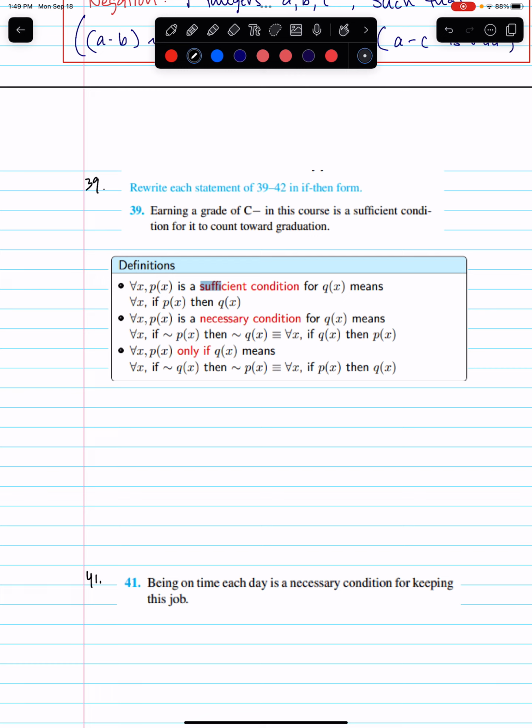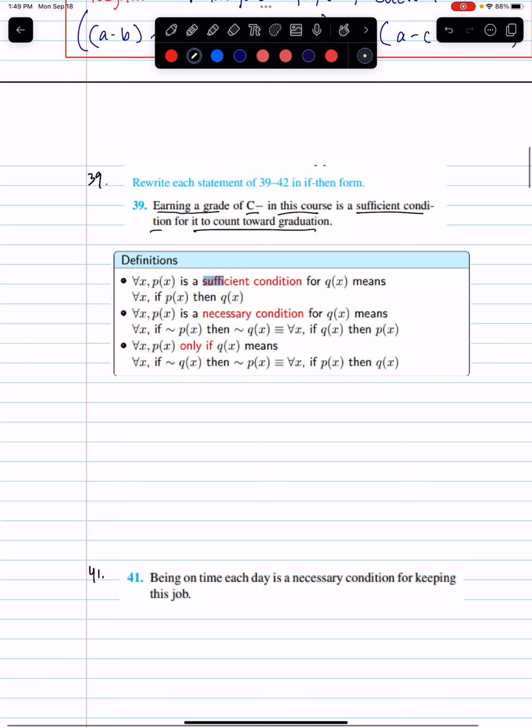This says, earning a grade C minus in this course is a sufficient condition for it to count towards graduation. As you can see here, for every x, if p(x) is a sufficient condition for q(x), that just translates to if p then q.